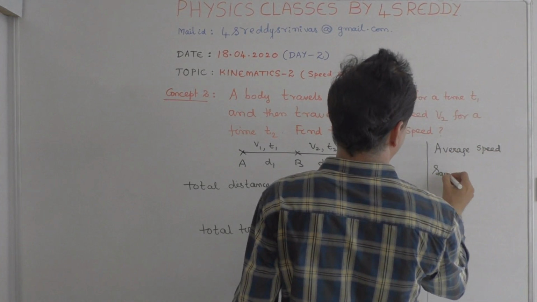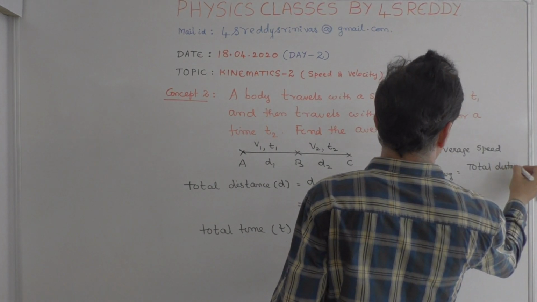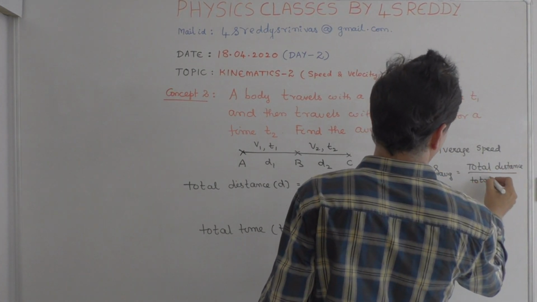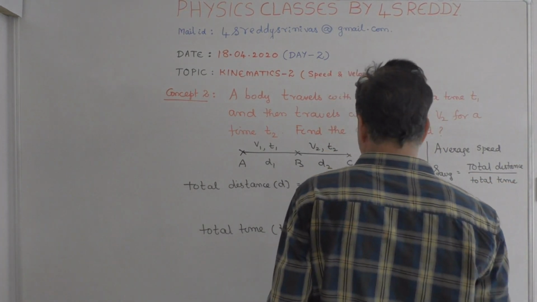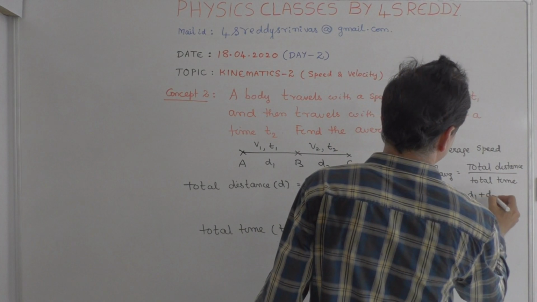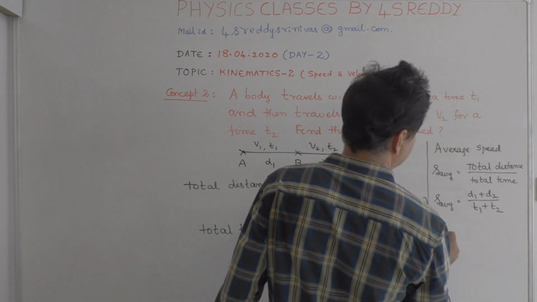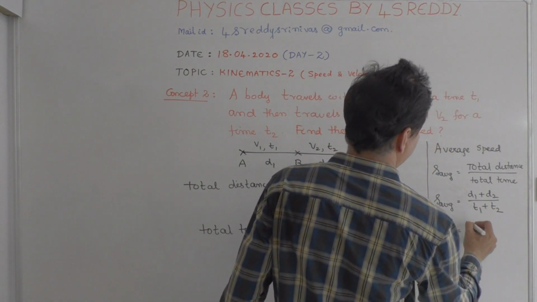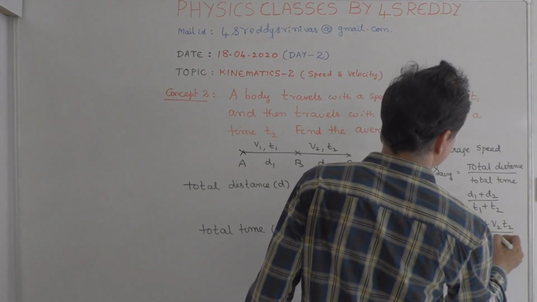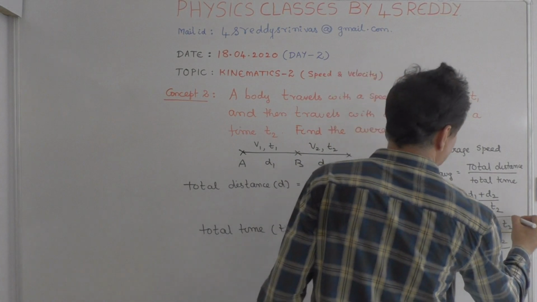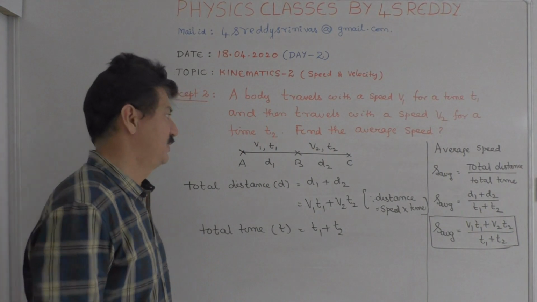Average speed is again total distance by total time. Therefore, S average is given by (d1 plus d2) by (t1 plus t2). But further, it can be written as (v1 t1 plus v2 t2) by (t1 plus t2). This is the average speed when times and speeds are specified.